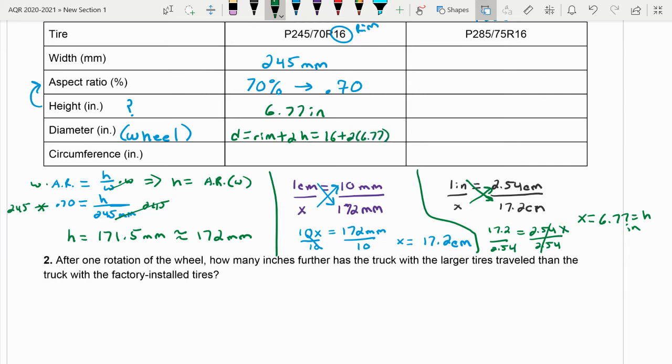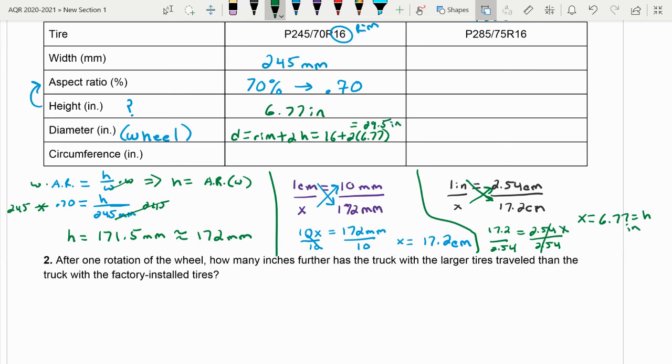I take the 16 plus 2 times 6.77, and I get 29.54. So let's say just 29.5, and this is again in inches.